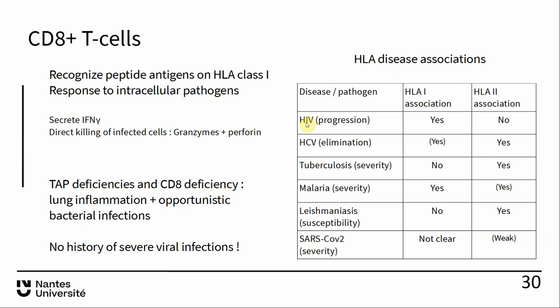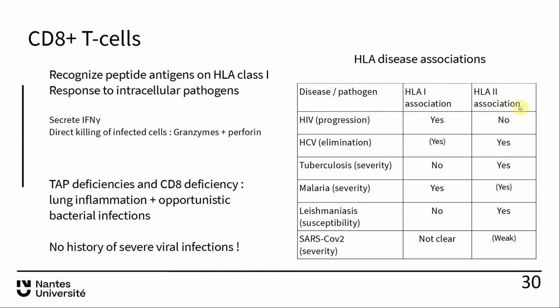So the speed of disease progression and the viral load is strongly associated with certain HLA class 1 haplotypes. Well, HLA class 1 alleles, I should say. So HLA-B27 is protective, HLA-B35 is a deleterious allele.